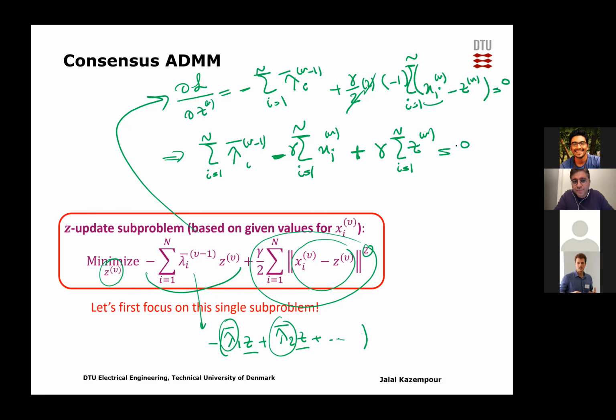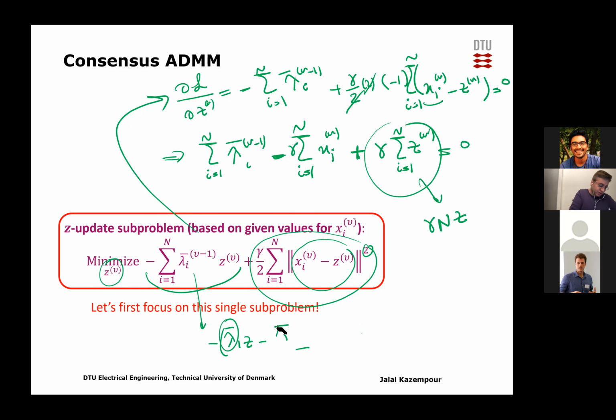Hope I'm correct. Here z is not a function of i, so we are repeating z n times. So it's just gamma n and z.